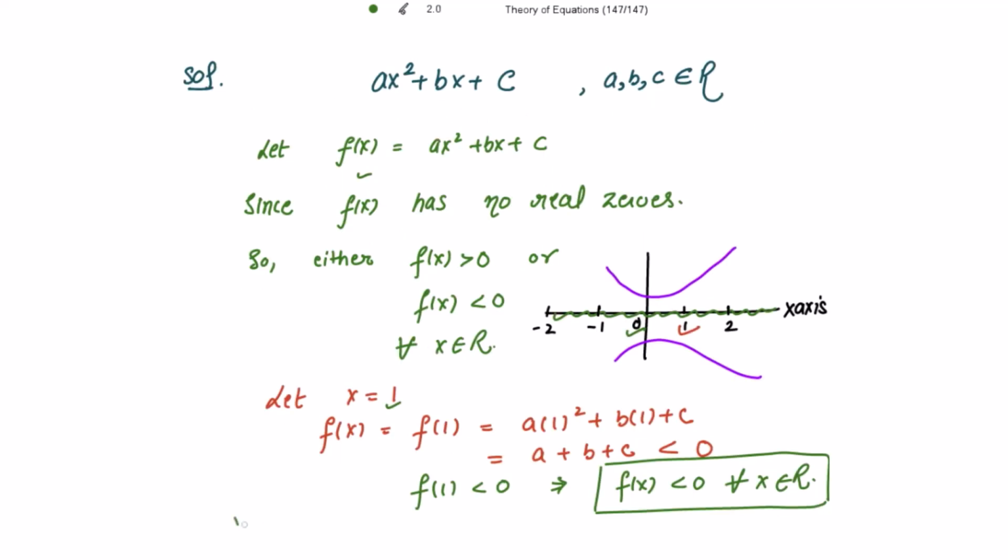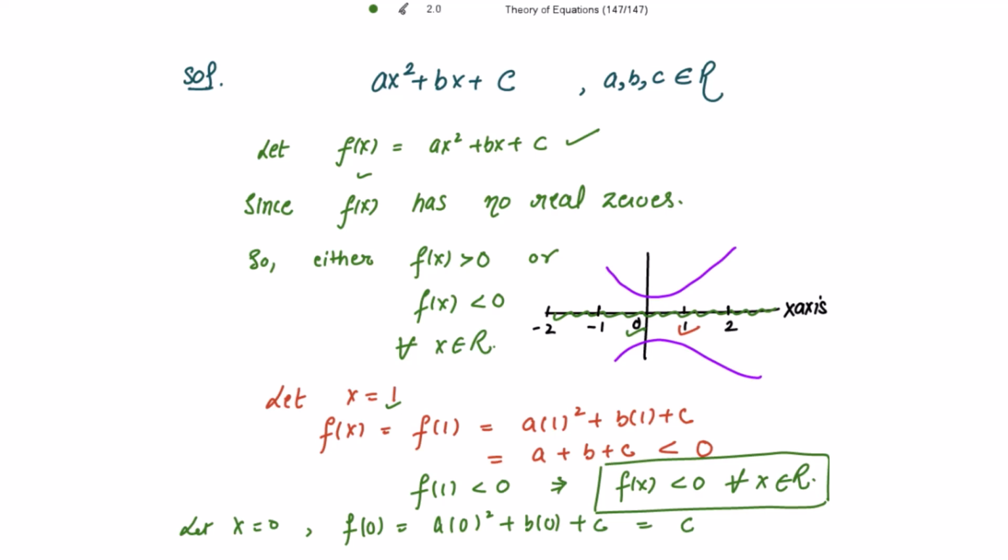So let's go for x equal to 0. For x equal to 0, I am getting f(0) equal to a into 0 square plus b into 0 plus c, that is, c.